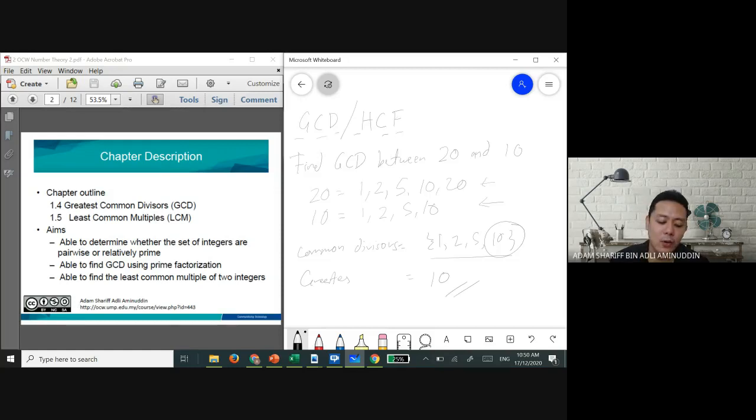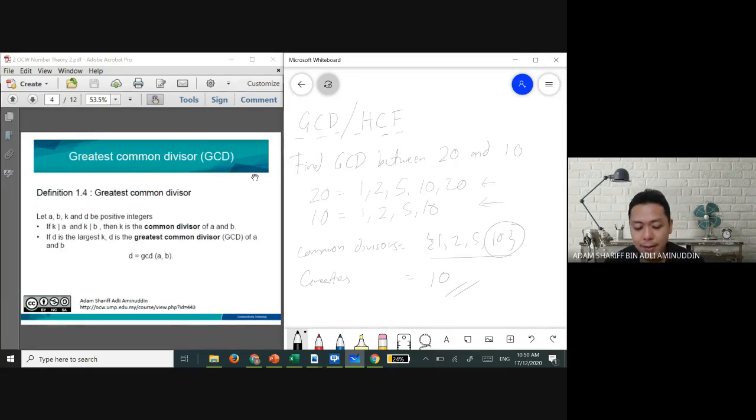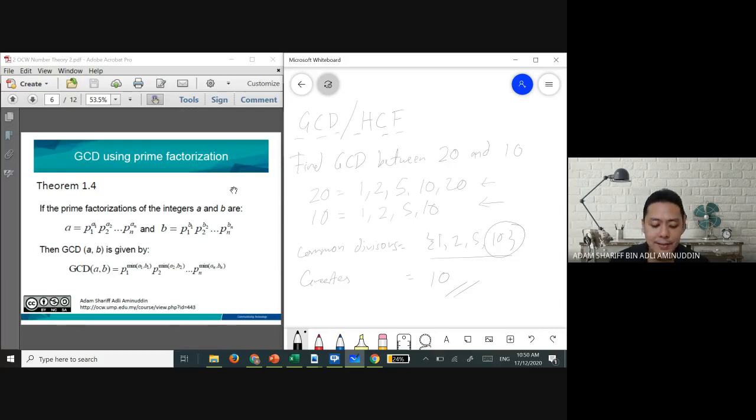This is an old school way for you to find the GCD, right? You list down all the divisors, you list down all the common divisors, then you find the greatest one. However, for your level, ni dia punya definisi saja. By using prime factorization, how to find the GCD?